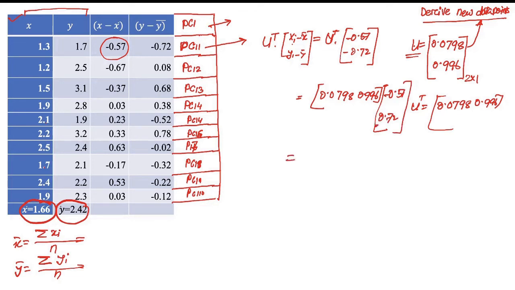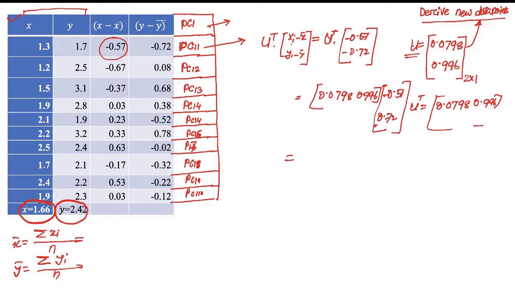It evaluates to 0.0798 multiplied by minus 0.57 plus 0.996 multiplied by minus 0.72.